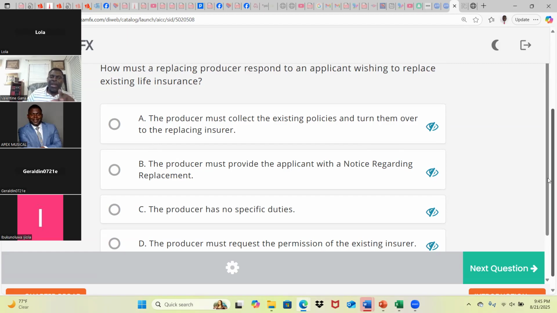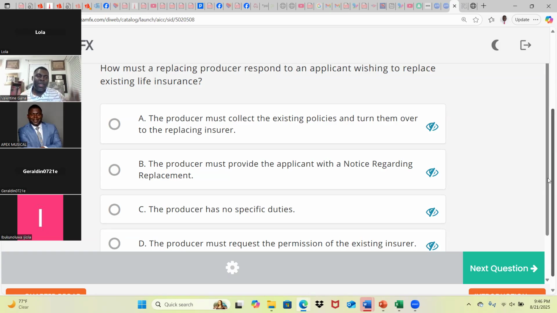We have to remember that when they are doing that replacement, when you fill that application, you come to that section that talks about replacement. So you answer all the questions. And that section also goes to the client to sign, because the client has to sign before it goes over to the underwriter.